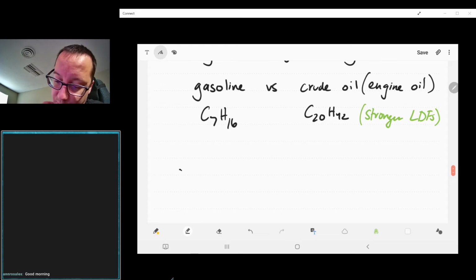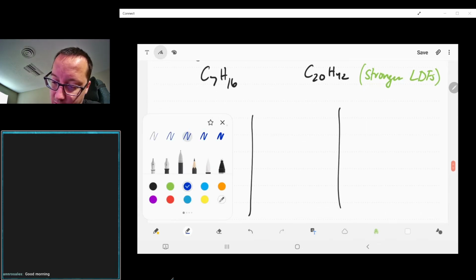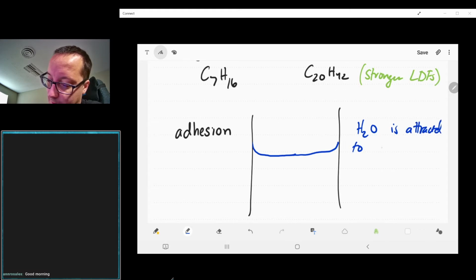Another property would be adhesion. If you look at a water glass closely, you'll see that water is attracted to glass through dipole and ion interactions.